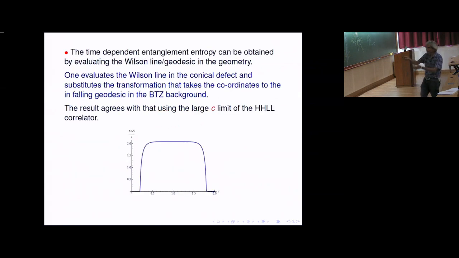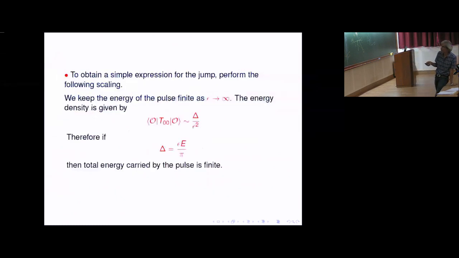Of course, you can plot it and so on. But suppose you want a nice compact formula for this jump, you can take this particular scaling limit. You take the width of the pulse epsilon to 0.